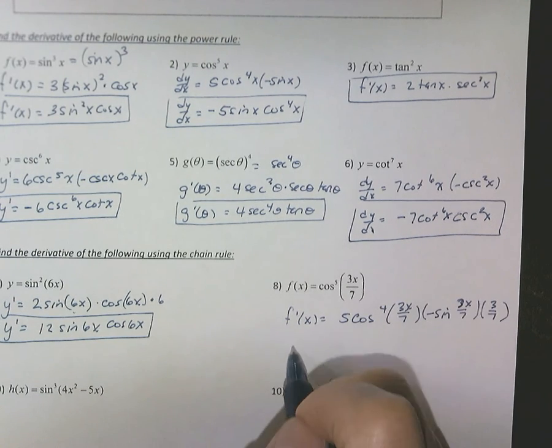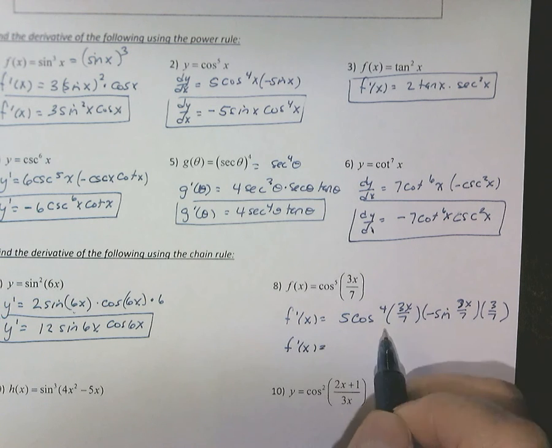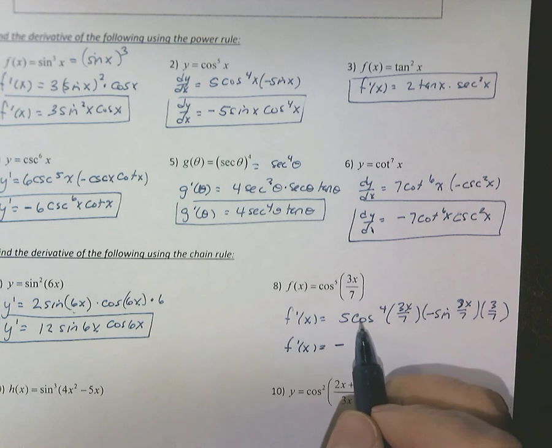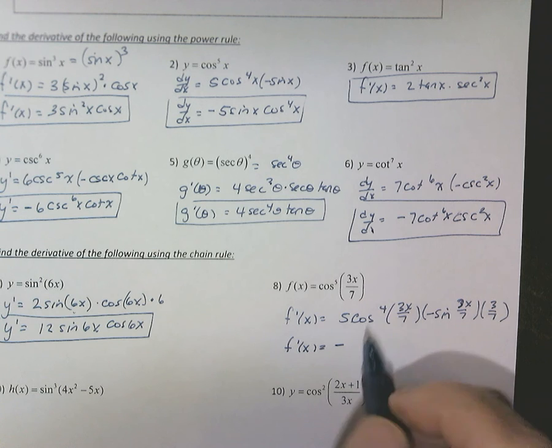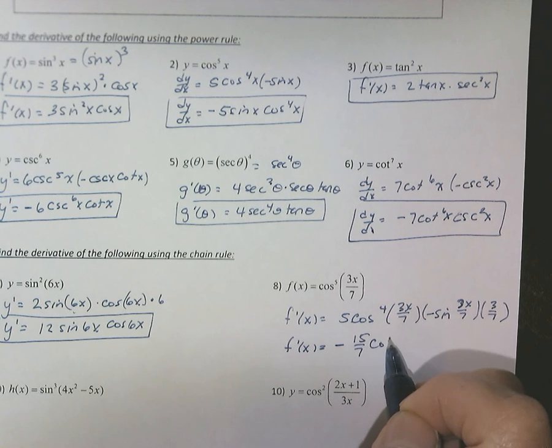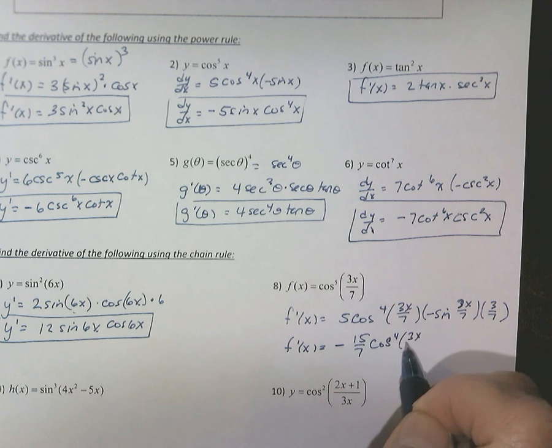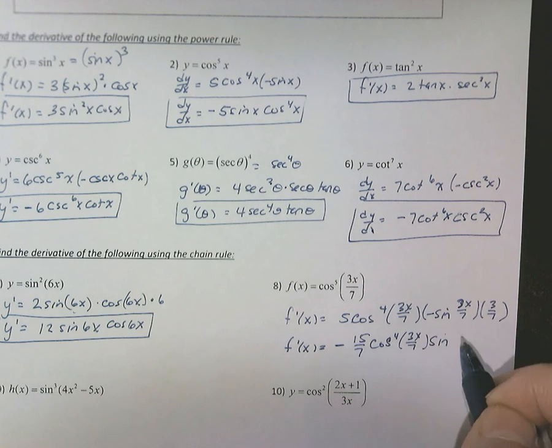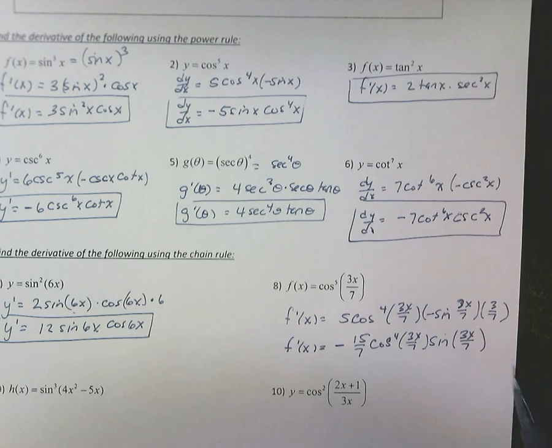Just going to clean it up a little bit, so I get f prime of x equals negative 5 times 3/7, which is 15 over 7, cosine to the 4th, 3x over 7, and sine 3x over 7.